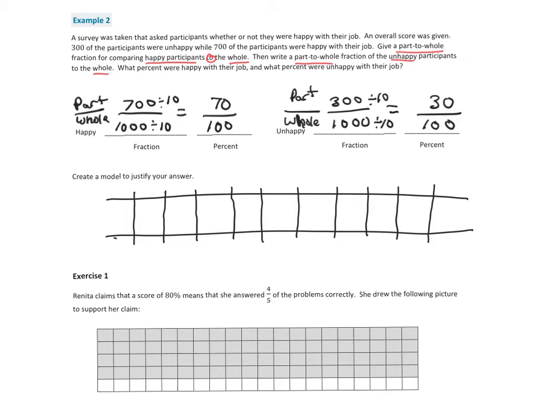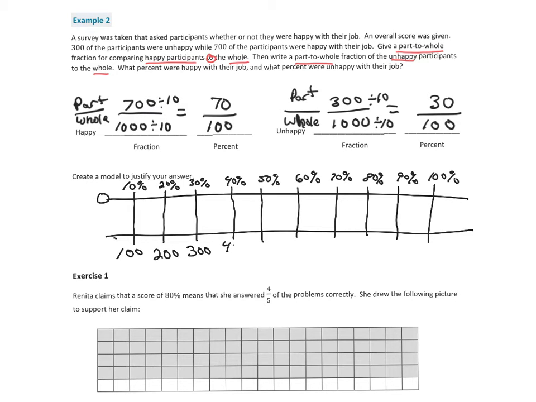So for the top of it, we will make it our percentages. So 10%, 20%, and on the bottom, we're going to do it by increments of 100. So 100, 200, and that's just because it's going to get us to 1,000 faster, and it will match up correctly here.